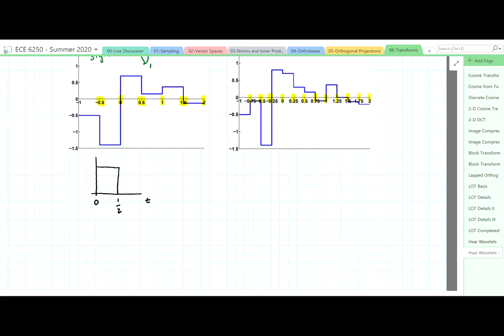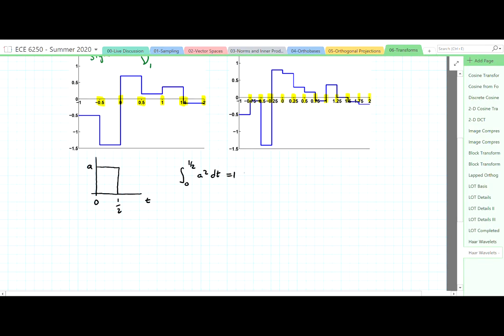Well, in order for this to be orthonormal, let's call it A, we would have to have the integral from 0 to 1/2 of A squared dt equal to 1.